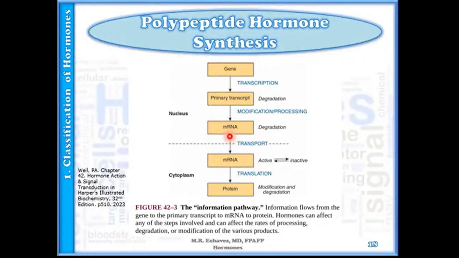Now, this mRNA is transported to your cytoplasm where it is translated. It goes to your ribosomes first and is translated with the help of your tRNA, and you end up with your protein. This protein will proceed to your Golgi apparatus where you will have further modification by addition of functional groups, and there will also be degradation of those parts that are not needed for your hormone.